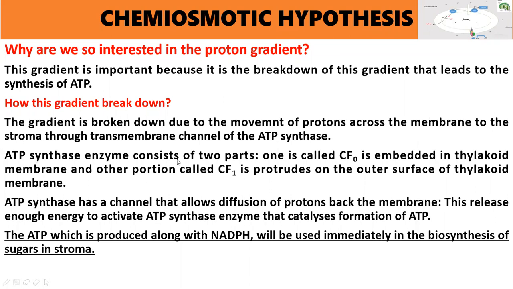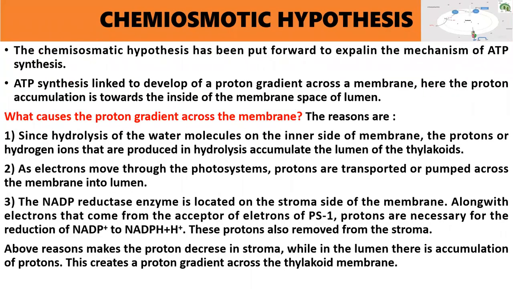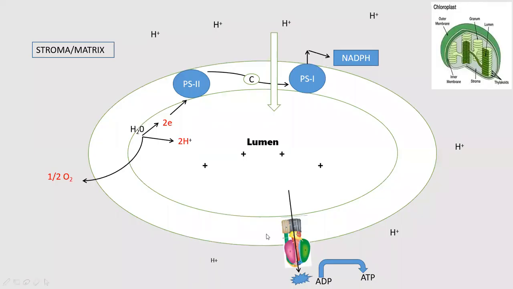ATP synthase enzyme consists of two parts. One is called CF0, which is embedded in the thylakoid membrane, and the other portion called CF1 is projected on the outer surface of the thylakoid membrane. Here, this is the ATP synthase.